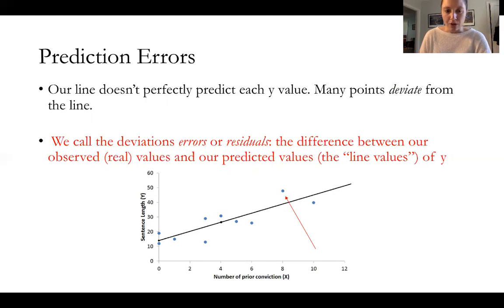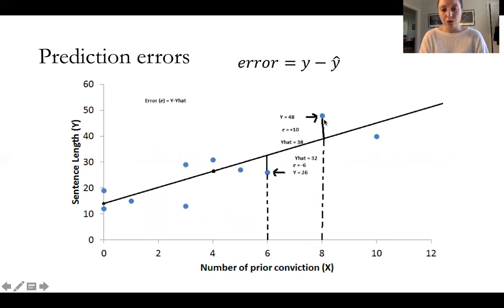This is the difference between our observed values, i.e. our real data points, and our predicted values. When we say predicted values, we mean the values of the line. So there's a difference between the real data point and where the line is. You can just do a simple subtraction to get that number.